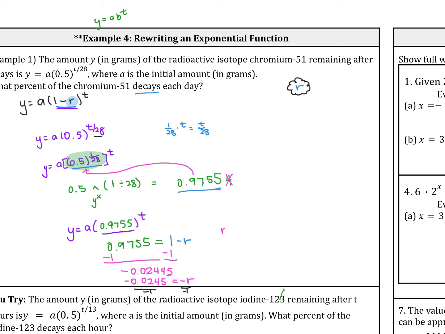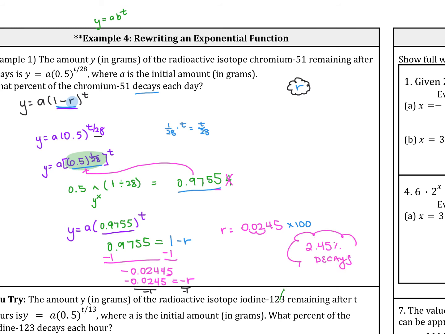Now we find that R is 0.0245. We want it as a percent, so we multiply by 100, or move the decimal place over two times. That will be 2.45%, the amount that decays each day.